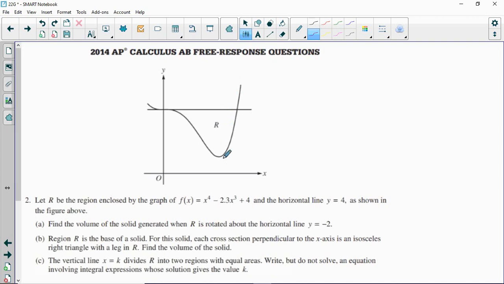So for this problem, perpendicular to the x-axis, so running parallel to the y-axis, we have the bases of these isosceles right triangles. So I want you to imagine each slice is one leg of an isosceles right triangle.